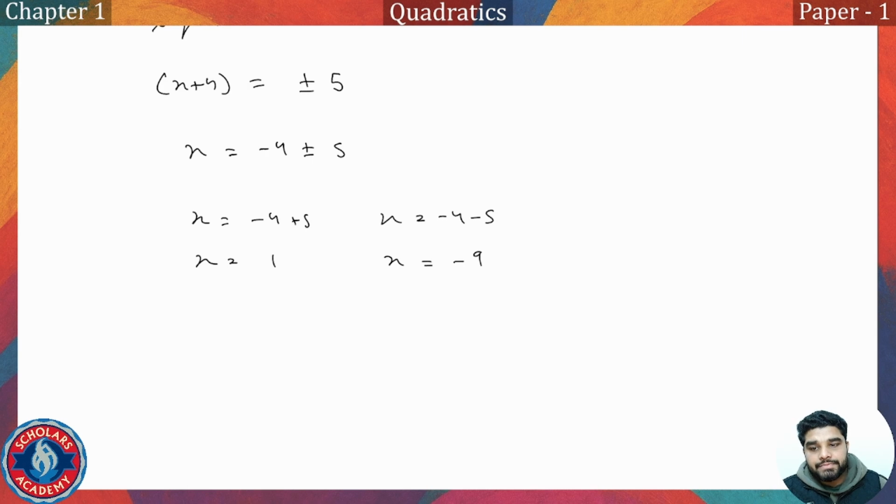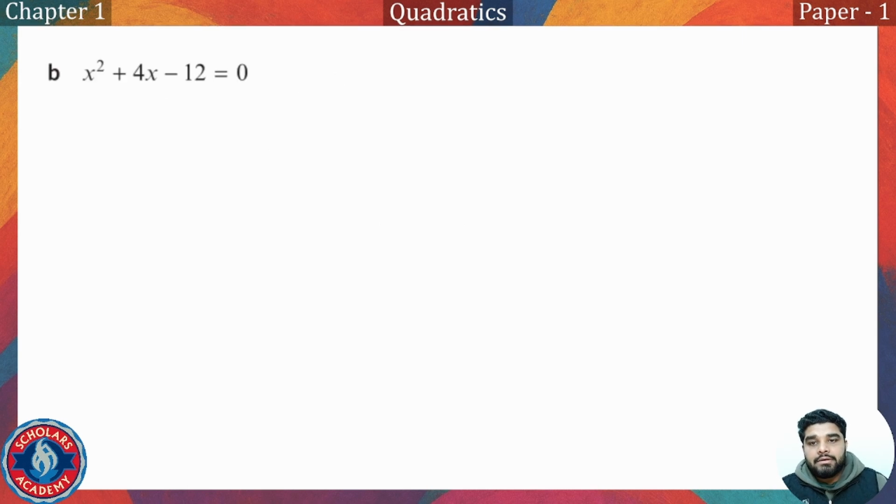Let's move to the next question. Same, we'll just focus on the x square and x term. We'll ignore the constant term. So 2b is 4, b is 2, so b square will be 4.